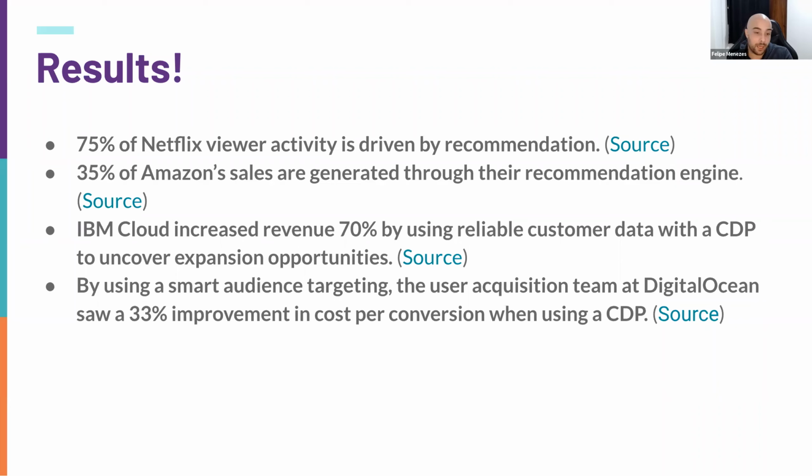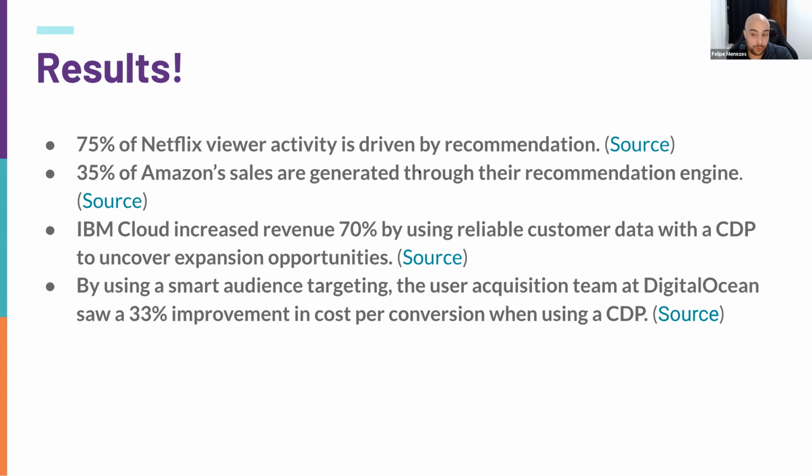IBM Cloud, that's basically a cloud service from IBM that is similar to AWS and Microsoft Azure. They are basically increasing their revenue by 70% by just reaching and engaging the correct customer with the data that they capture through a CDP.